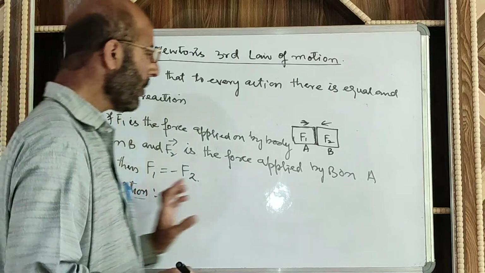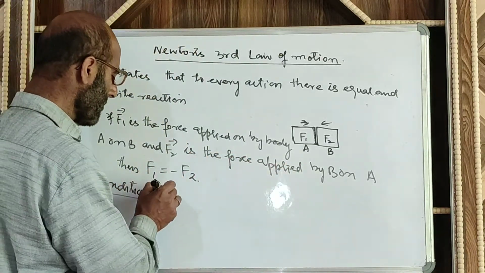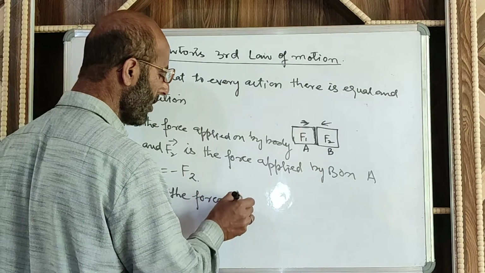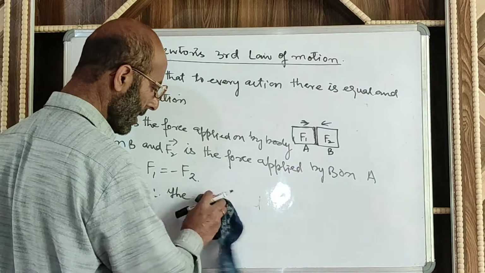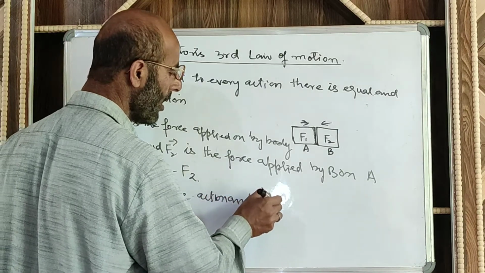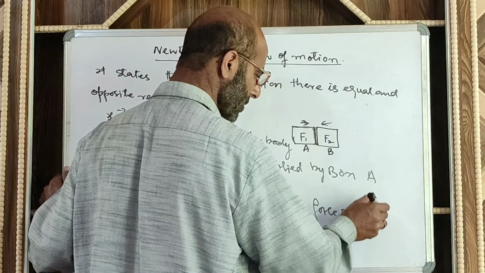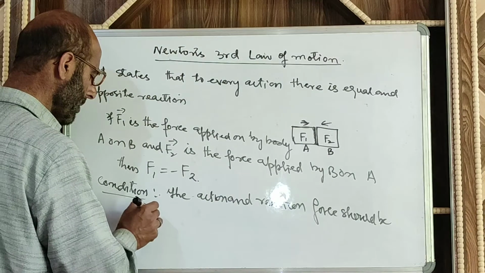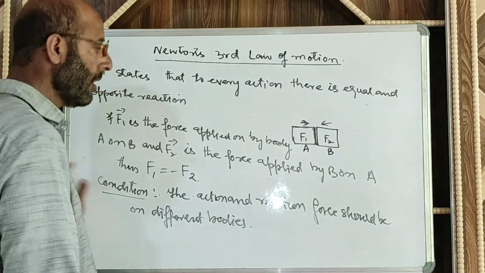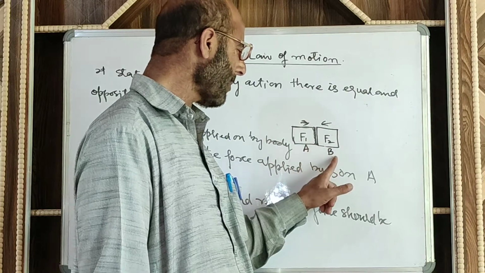First of all, the force acted by one body and the force acted on another body should be different. यहाँ हम ये कह सकते हैं, action and reaction forces should be on different bodies. यानी अगर A करता है B पर फोर्स अप्लाई, B करता है A पर.